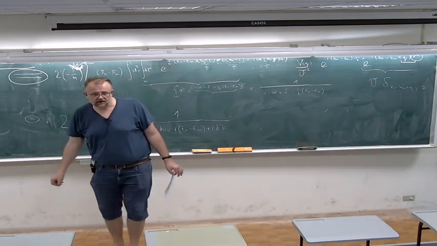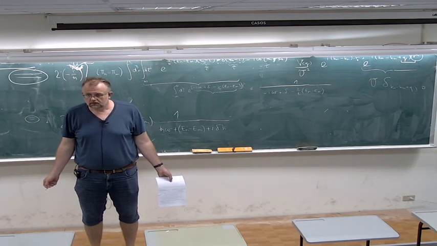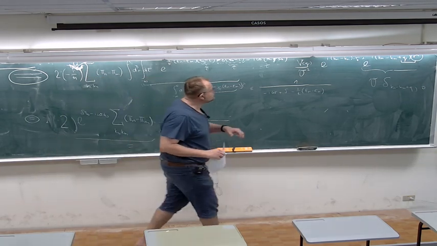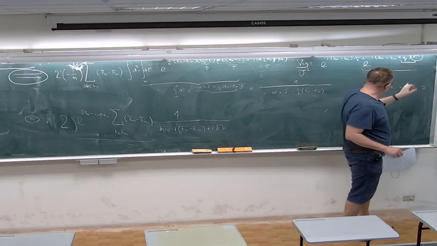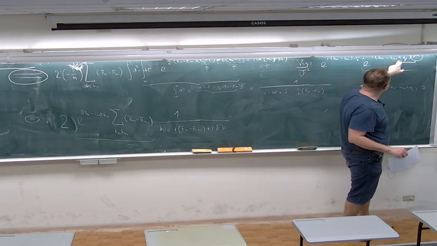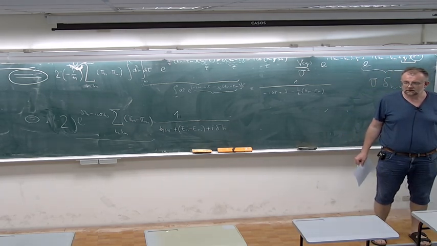This is just the Kronecker delta. If this thing is equal to 0, then I am integrating the number 1 over the volume, so I'm getting the volume. If this is not 0, then this is 0. Right?